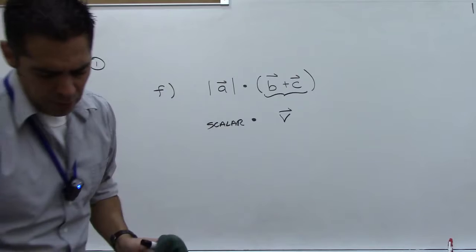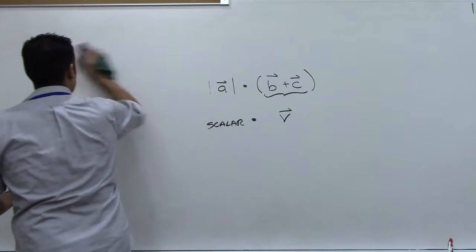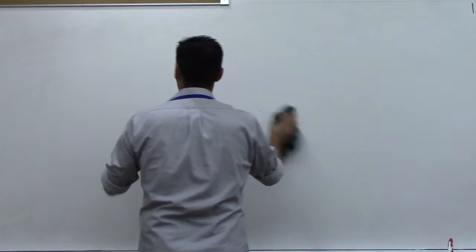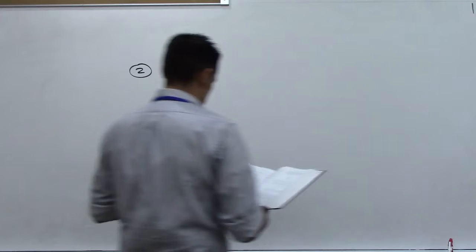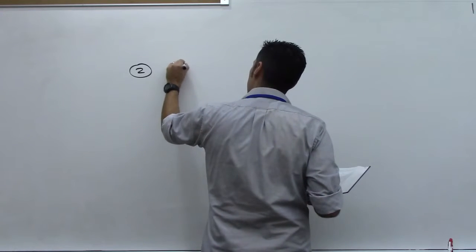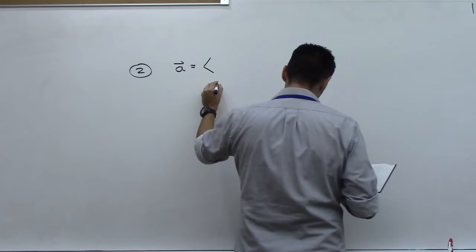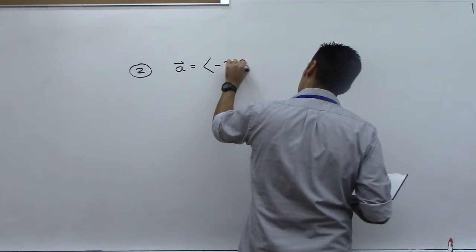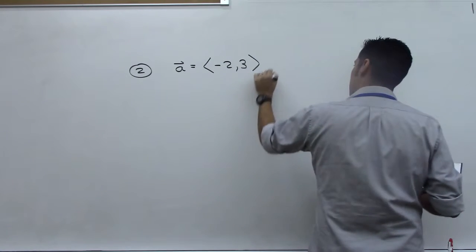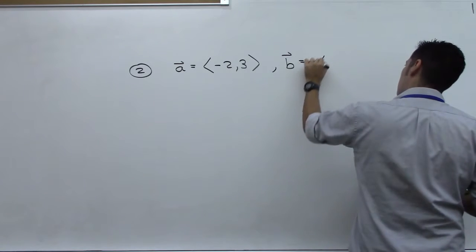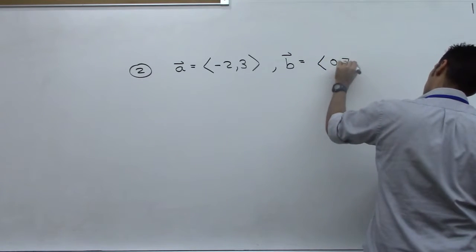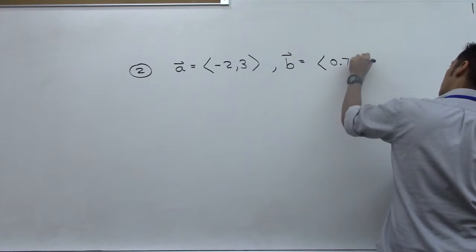Now let's look at number 2. So we're going to find some dot products here. They give you a vector A is equal to the vector -2, 3. The vector B is equal to 0.7, 1.2.